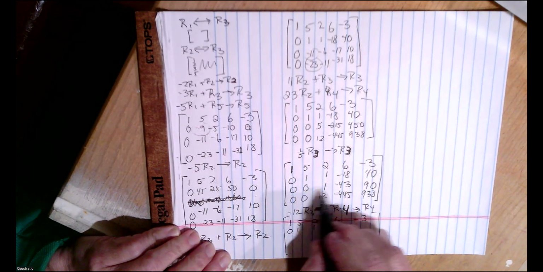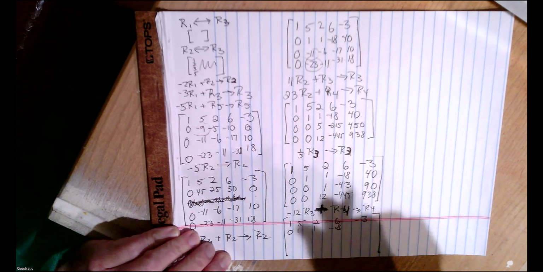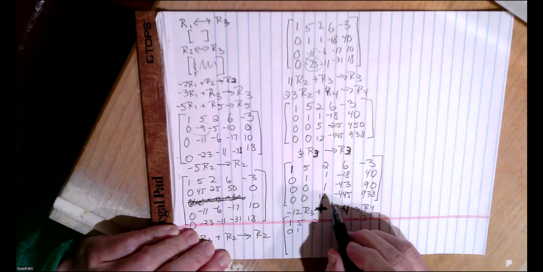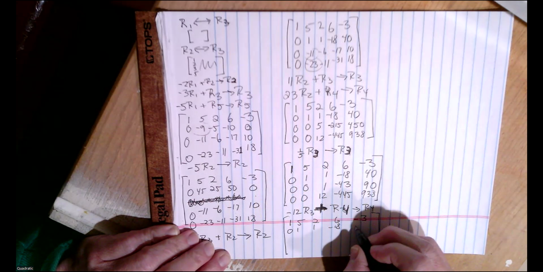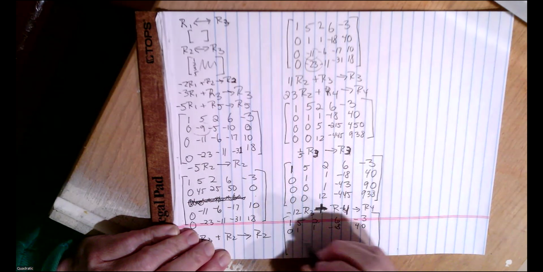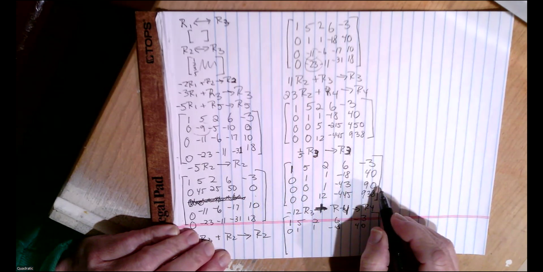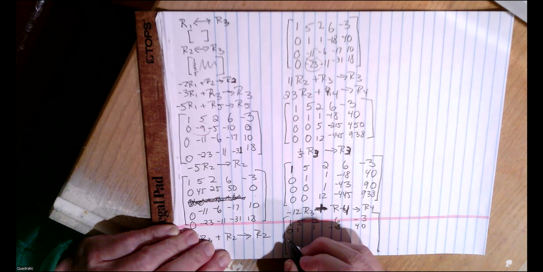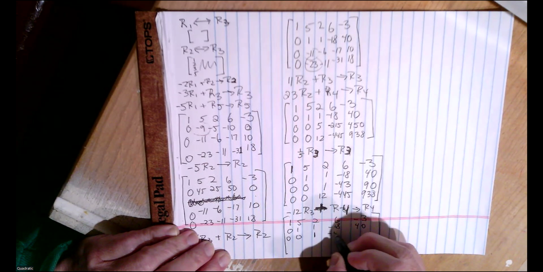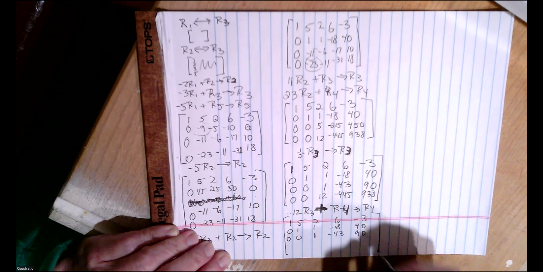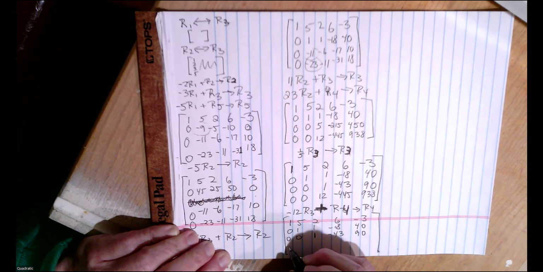Okay, so which means I could just copy the first three rows. The only thing that's going to change is the bottom row. We'll deal with that when we get to it. So that says there's a 0, 1, 1, -18, positive 40. That's going to be 0, 0, 0.